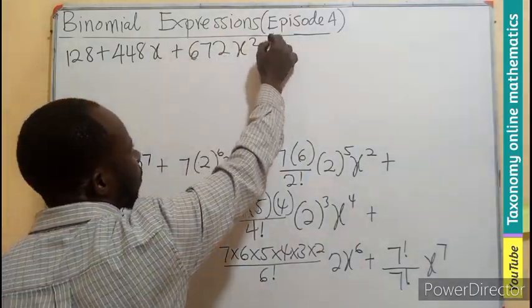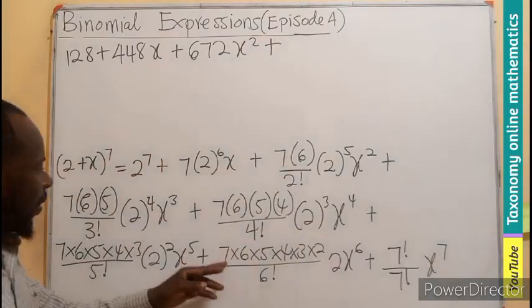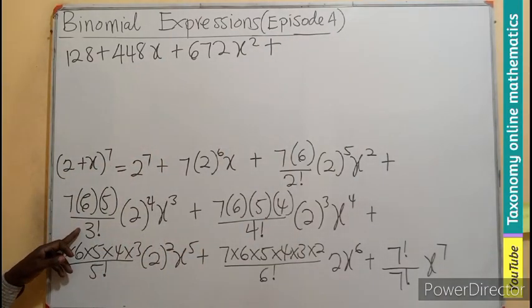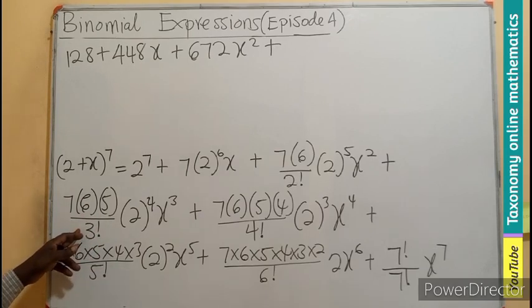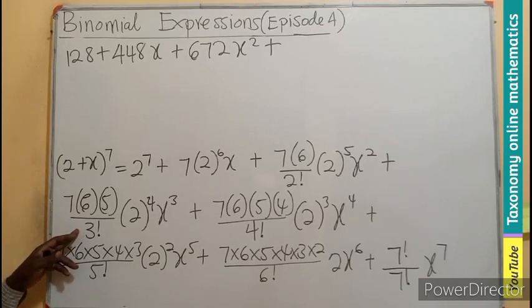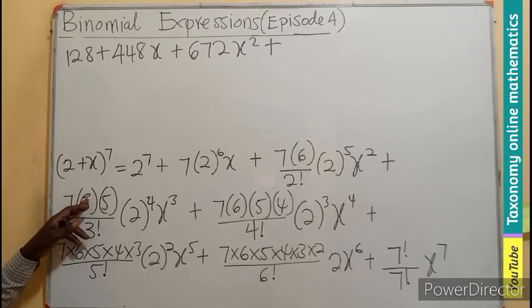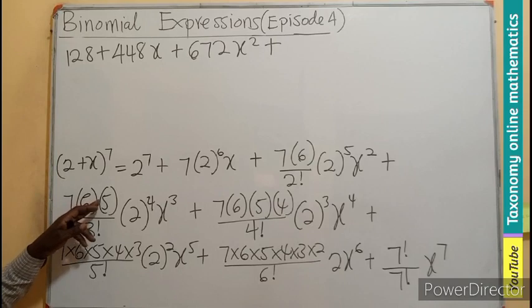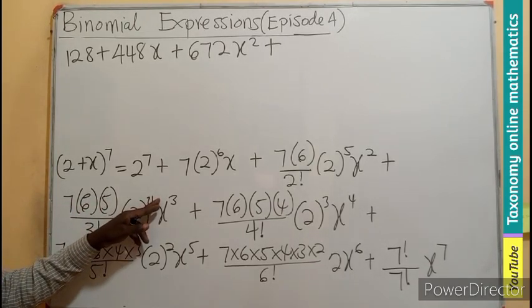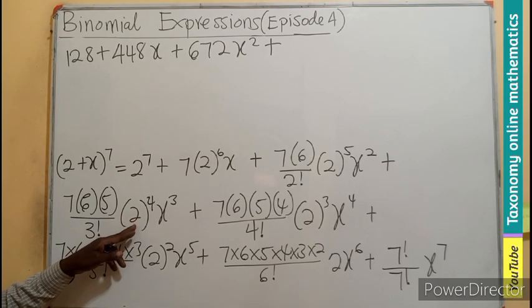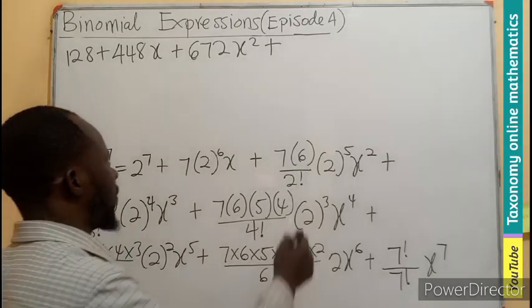Plus. Here is also 3 factorial, meaning 3 times 2 times 1. And 3 times 2 will give us 6, so 6 will cancel this. Then you will be left with 35 times 2 exponent 4, which is 16. 35 times 16 gives us 560.